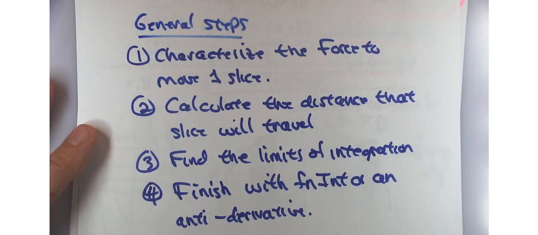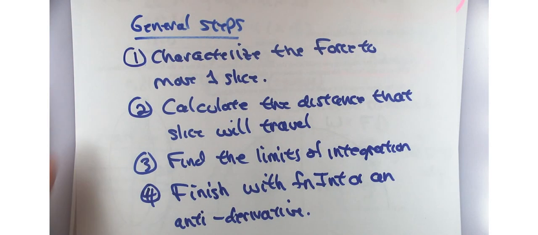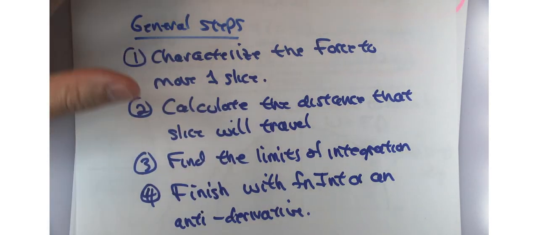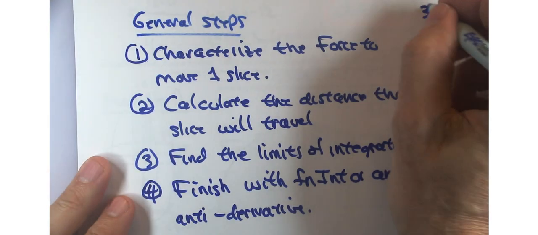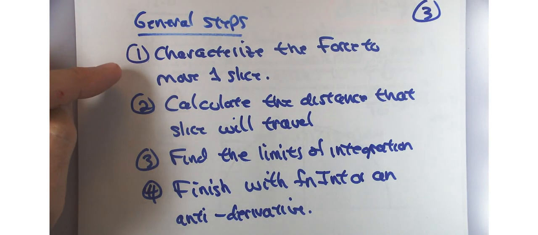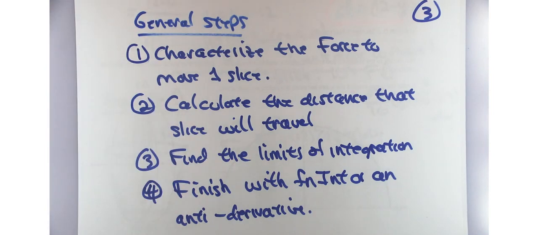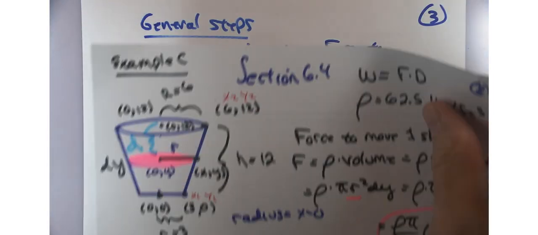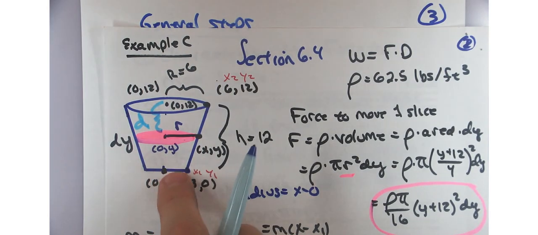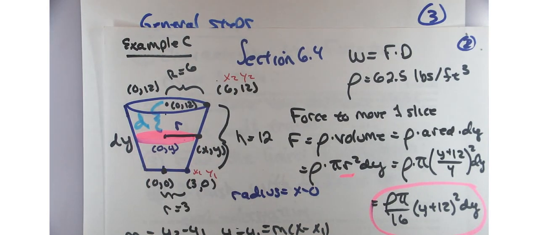Now, like I said, step one really contains a lot of work. And I'm sorry, because you kind of caught me off guard a little bit with that question. But for step one, there's a lot of little parts to characterize the force on that. If you look back, what I first had to do was have a pretty good sketch of what was going on in terms of that tank, right?